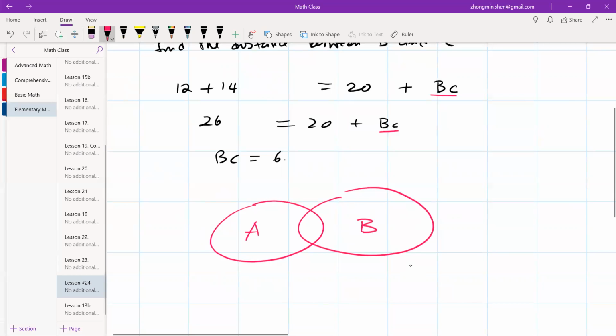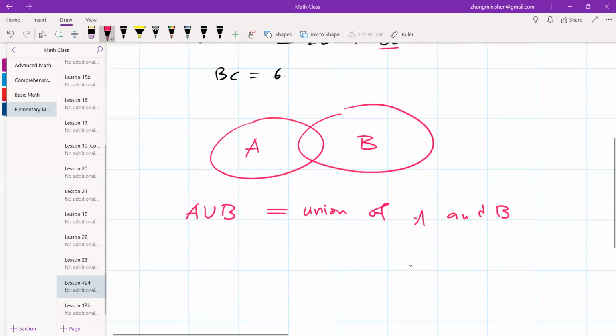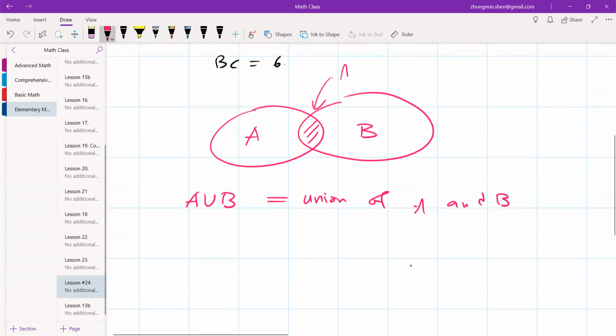So this set is A, that set is B. This notation in mathematics we call the union of A and B. And this intersection part is called, use this notation, the intersection of A and B. Okay?